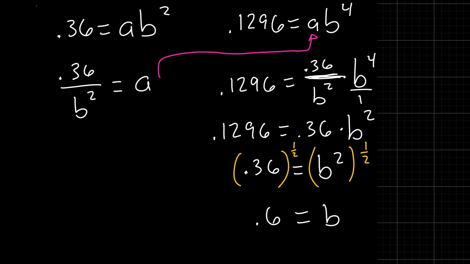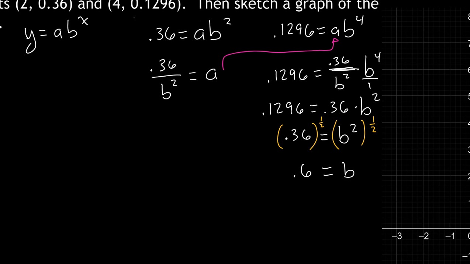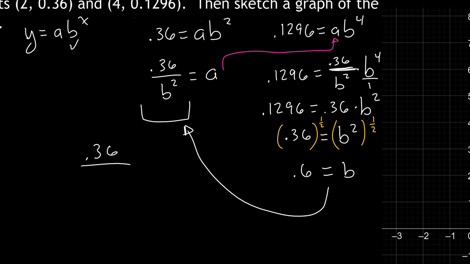So I can almost write the equation, right? I got what b is, check, that's great. I just need to know what the other parameter is, and the other parameter is a, and I have this beautiful expression right here saying, hey, I'll tell you what a is. So I'm just going to take this value of b that we found and plug it in for b into here. So 0.36 divided by 0.6, but I've got to square that.